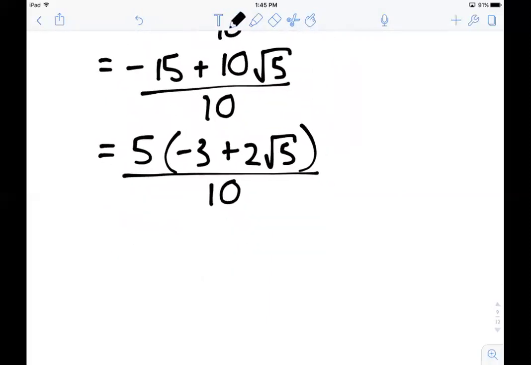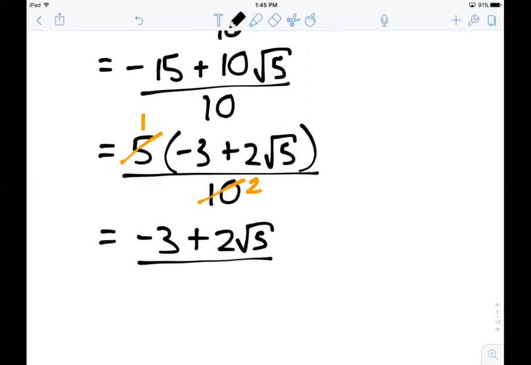Well, hopefully you can see that now it can be reduced with what we have on the bottom as well. So I can divide the top by 5 and leave a 1, but then I have to be very careful. I'm dividing the bottom by 5, which is actually going to leave a 2. It's going to still leave a factor of 2 on the bottom. So really, overall, it's like negative 3 plus 2 root 5, and I can't forget that's all over 2.